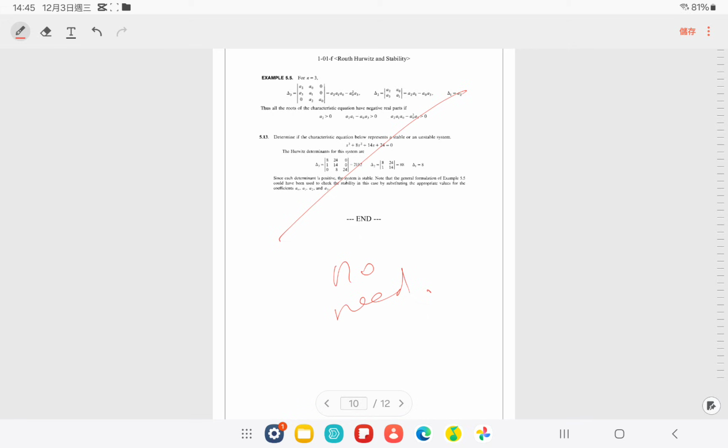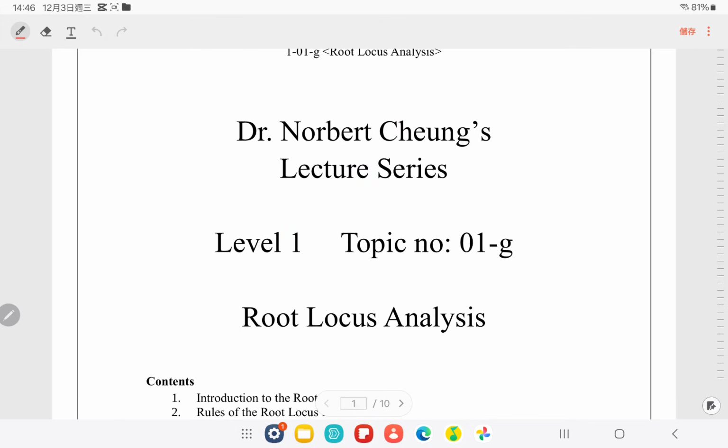So prepare yourself, because every year I see most of the students get full marks on this one. Try to get higher marks if you want, because this is one of the items where you can just get higher marks. So better prepare yourself. That's it for this part of the notes.